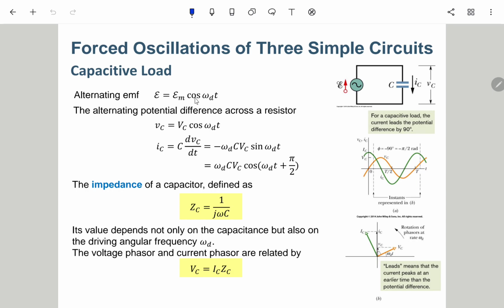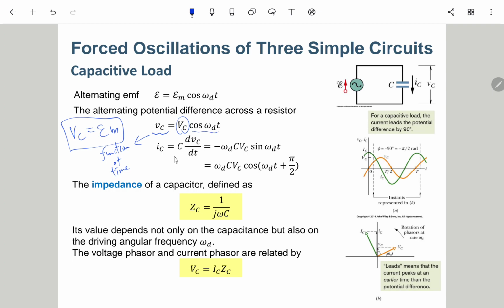And VC still equals EM, so we write it as VC equals capital VC. This is the phasor of VC. This is actually a function of time, but this is a complex number, and then cosine omega d t.